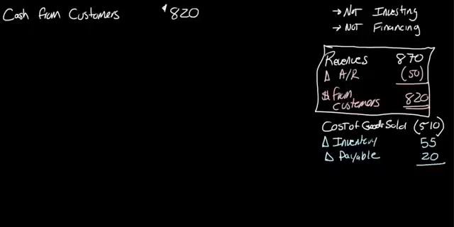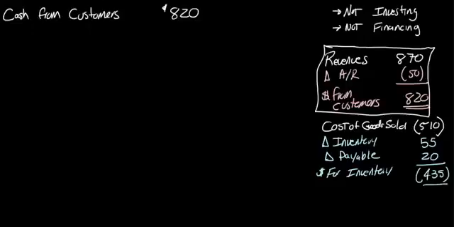I'm going to add all those up: a negative 510 plus 55 plus another 20, and that's going to give me cash paid for inventory of a negative 435.